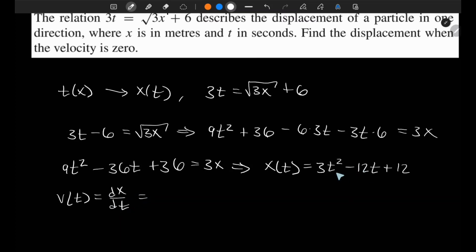Taking the derivative, we bring down the 2, so that's 3 times 2, which is 6, and we subtract 1 from the exponent, so that's 6t, minus 12, plus, well, the derivative of 12 with respect to time is 0, so we don't add anything here. And we want this to be equal to 0.